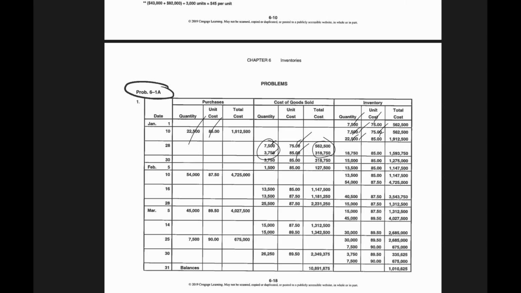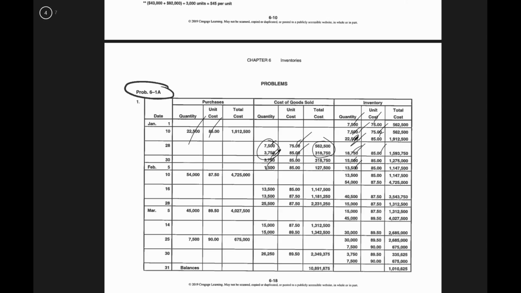What's left? 22.5 minus 3.75 leaves you with 18,750 at 85. On the 30th, they sold 3,750 more. So we'll take 3,750 out of that, leaves us with 15,000. On the 5th, they sold 1,500 more.